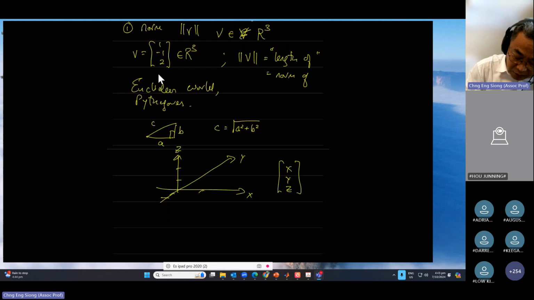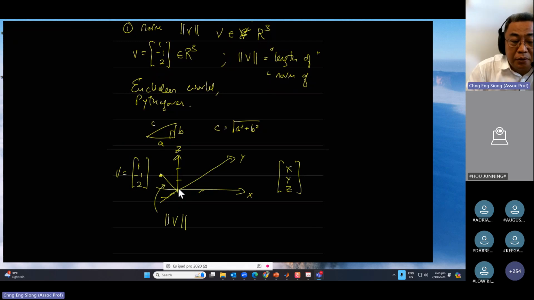So the vector is somewhere here. This is 1 along the first axis, minus 1 along the second axis, and 2. And then the norm of V is basically this length over here that we are interested in. This length is measured with respect to the origin, and you can see a right angle triangle here.